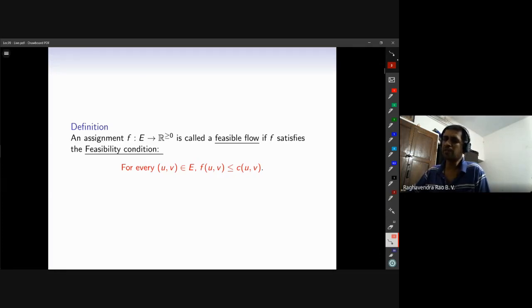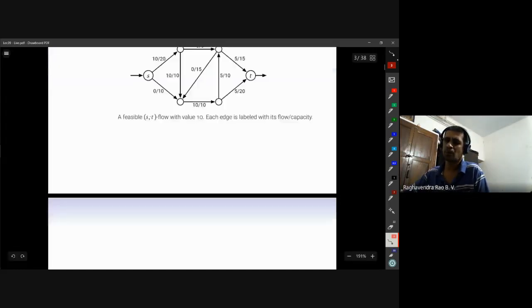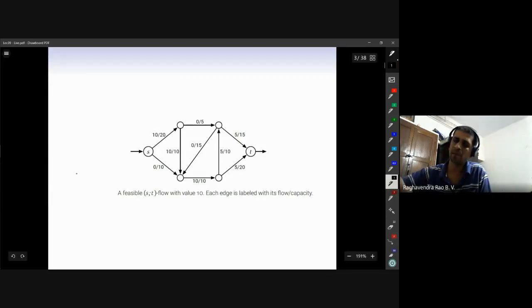A feasible flow is something which satisfies the feasibility condition, that is, capacity constraints are met. So the flow assigned to every edge is within the capacity. One thing is, in a flow network, we don't really insist on the graph being acyclic. There could be a backward edge this way. Such edges are allowed in a flow network.